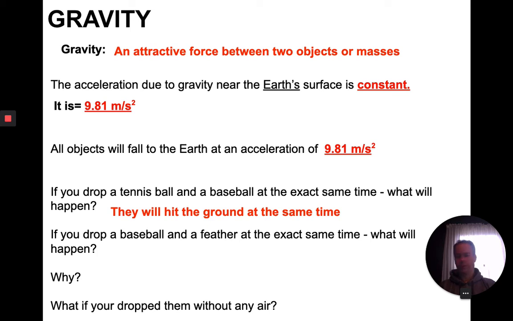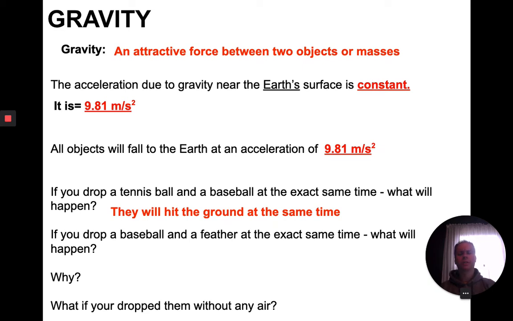You could try this if you have a baseball and a tennis ball or a lacrosse ball or whatever. Even if they have different masses, if you drop them at the exact same time, they should hit the ground at the exact same time because they're both accelerating at 9.81 meters per second squared. Sometimes people assume that the more massive object will hit the ground first, but that's actually not the case.